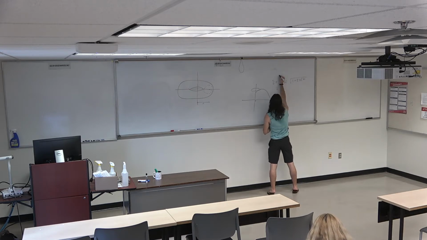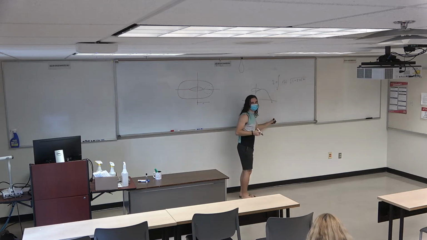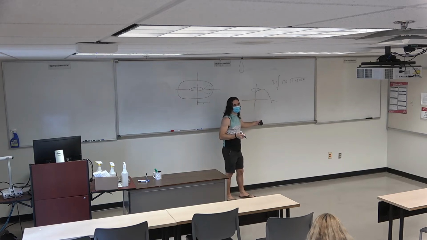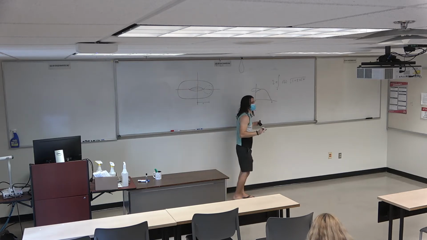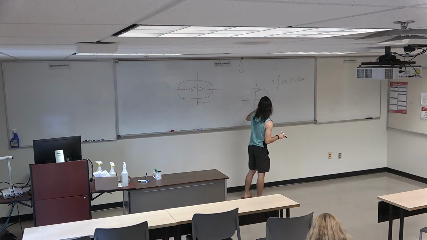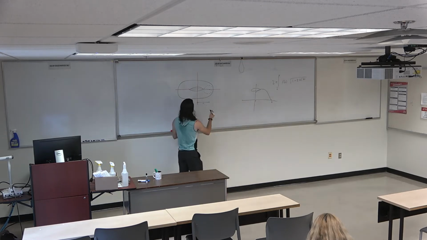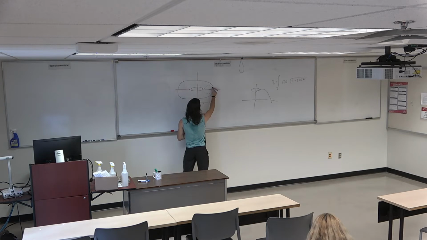Does that seem right? Everybody on the same page? Making sure I know what I'm talking about. All right. So all we've got to do is come up with a description for this curve, right?